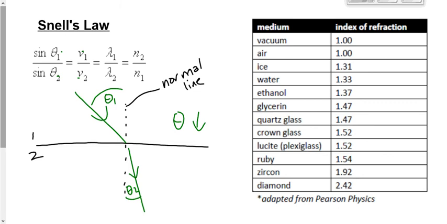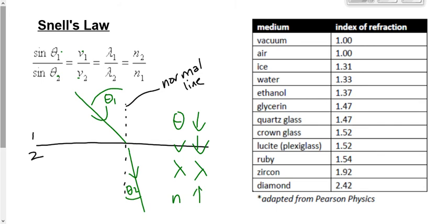That means if theta goes down, then that must be a result of V going down. If theta went up, then V increased, right? What about lambda? If theta goes down and v goes down, then lambda must go down. If theta goes down, v goes down, and lambda goes down, then n must go up.